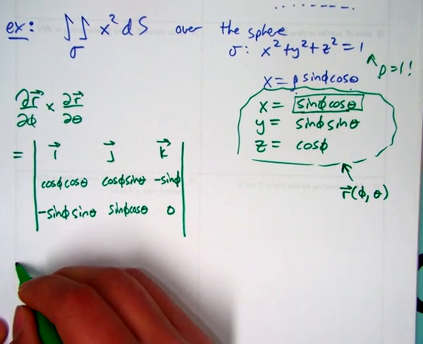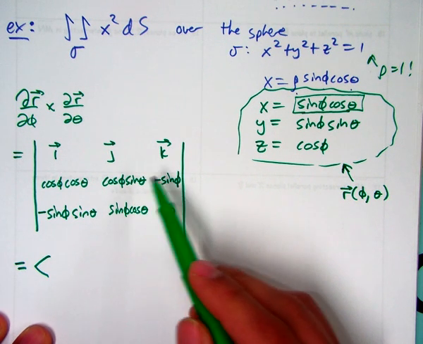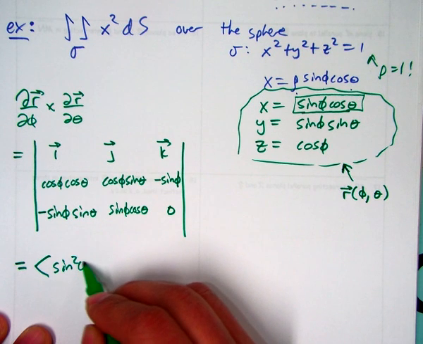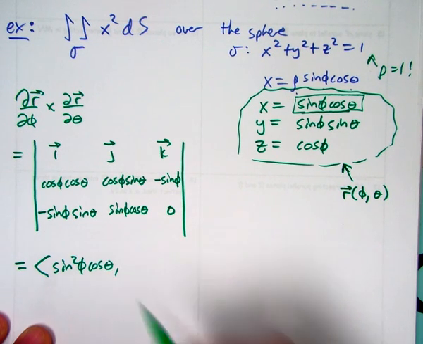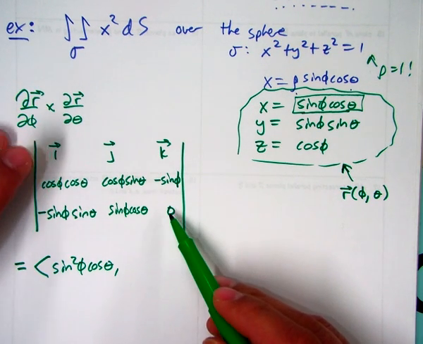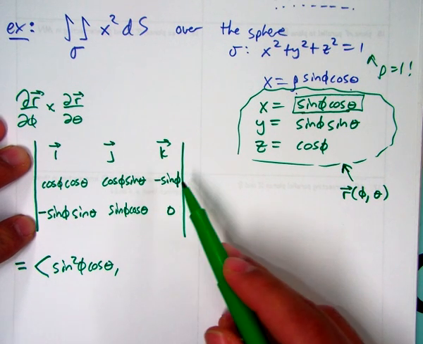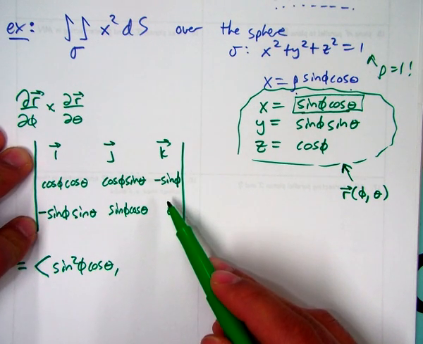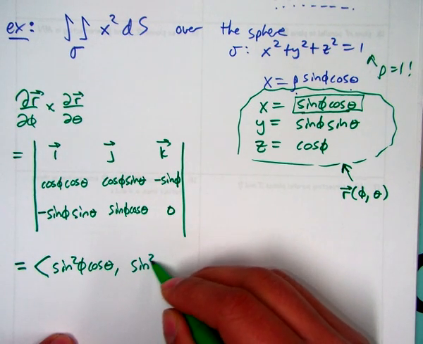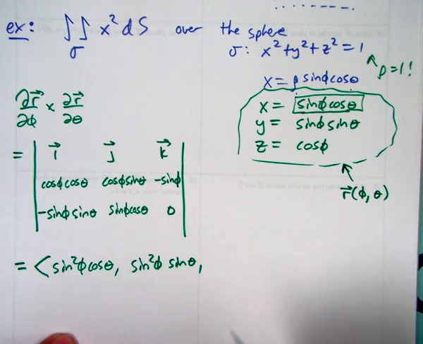All right. So let's figure out this cross product. First term, we get 0 minus a negative. It becomes sine squared phi cosine theta. The middle component, we get 0 minus a positive, but we do the opposite of that. So it's going to stay positive. And it's sine squared phi sine theta.